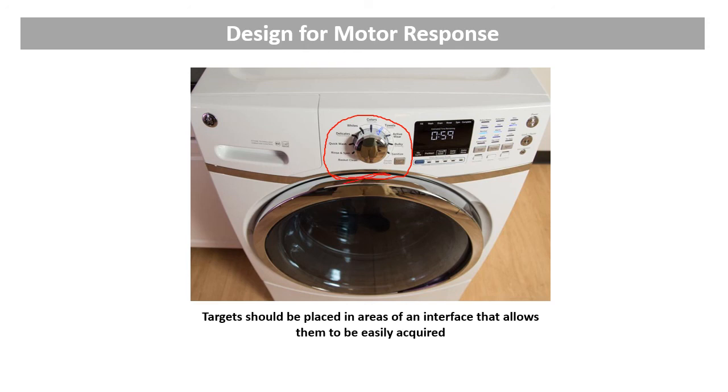Functions, I mean buttons like this, should be placed directly in front of the user whenever the user is operating this machine, because if they are placed in such areas, they can be easily acquired by the user, right?